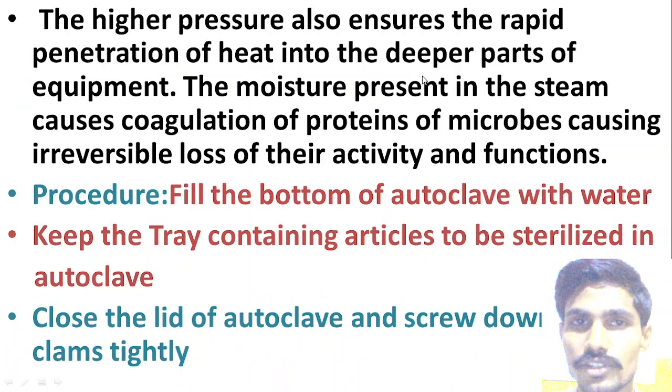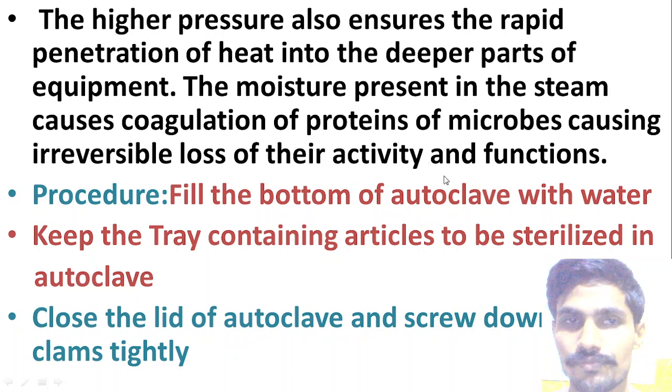The high pressure also ensures rapid penetration of heat into the deeper parts of equipment. The moisture present in steam causes coagulation of proteins of microbes, causing irreversible loss of their activities and functions.